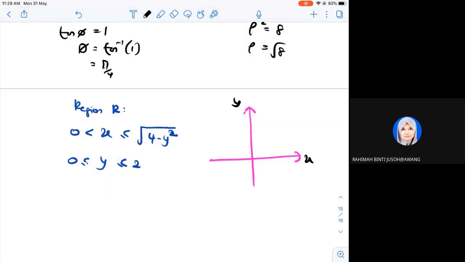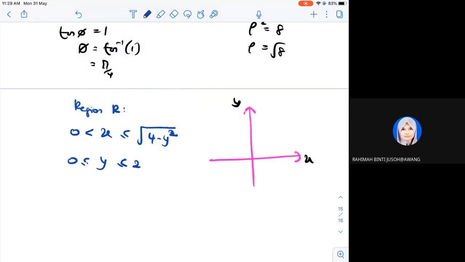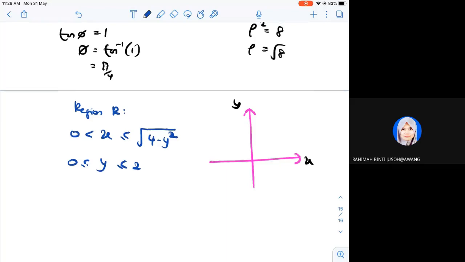x, y here. Okay. We have x equals to square root of... So dia adalah semicircle untuk x ni. It should be on the right, isn't it? Dia sebelah kanan. Suppose it should be like this. x equals to square root of 4 minus y squared.